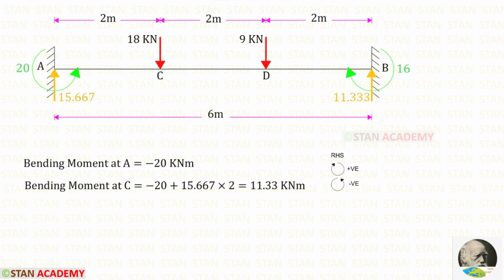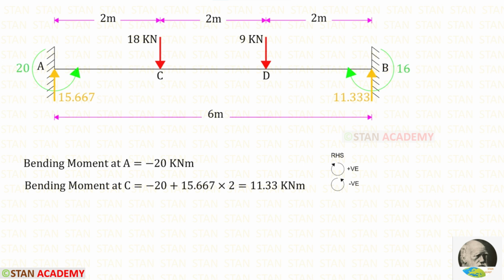For that, we have to find the bending moments at every point separately. To find the bending moments at the points A and C, we can use the right hand side rule. Clockwise will be positive and anti-clockwise will be negative. Let us find the bending moment at A. At the point A, we have MA, which is acting in the anti-clockwise direction, so it will be negative.